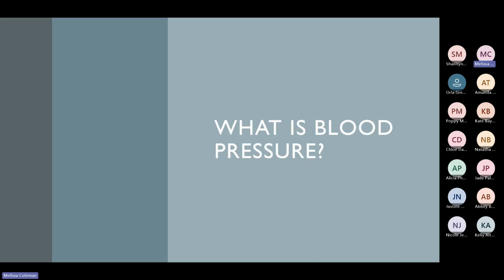So what is blood pressure? Blood pressure is essentially the force that the circulating blood exerts on the walls of the arteries. It's determined by cardiac output and systemic vascular resistance. Changes in either of these, for example, during anesthesia, when we have some vasodilation or the heart rate decreases, will directly influence blood pressure.